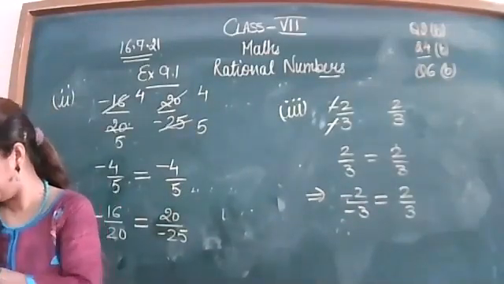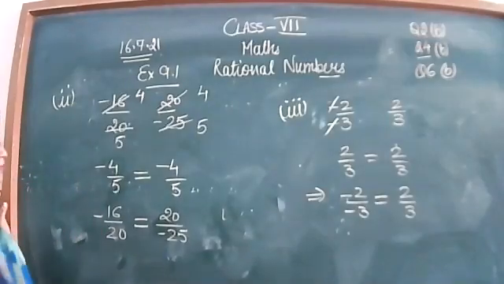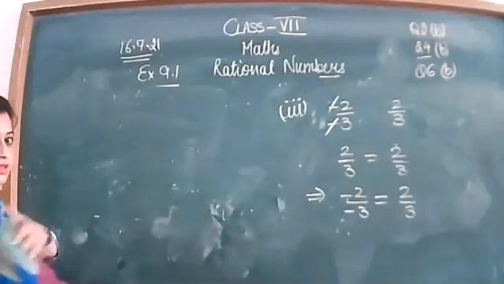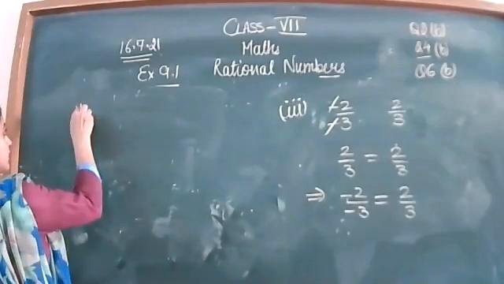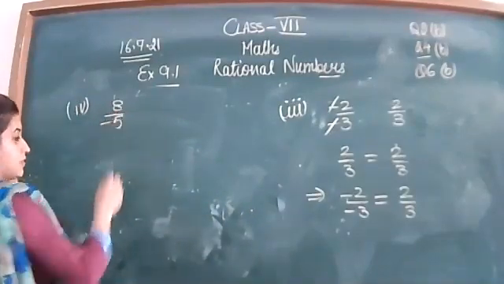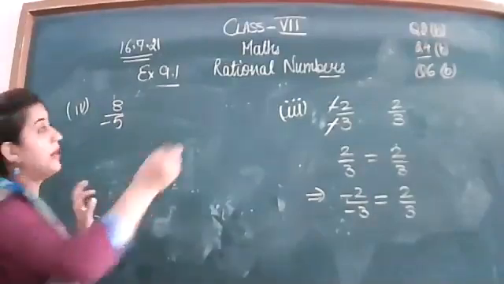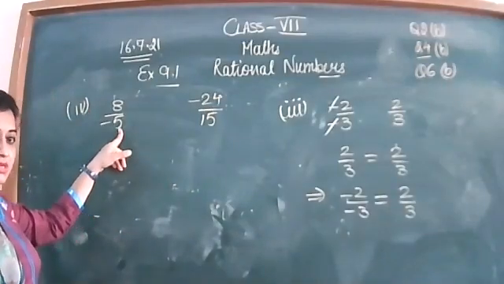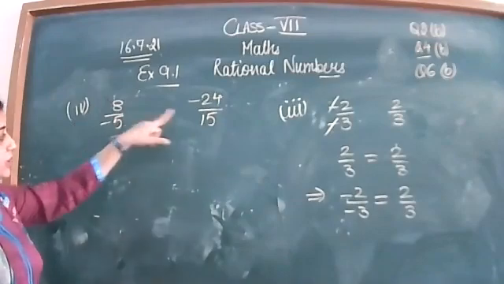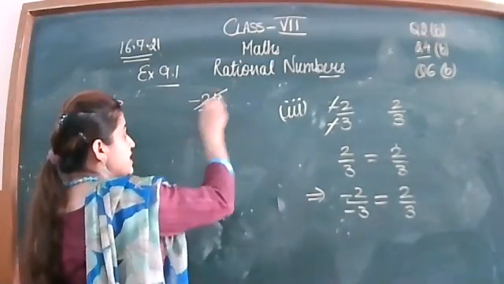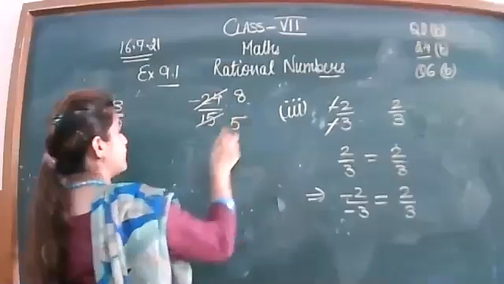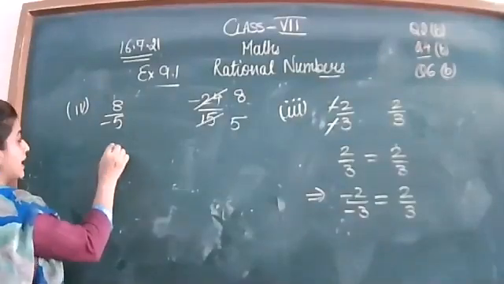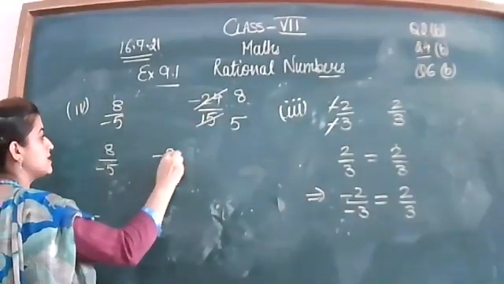Start fourth one. 8/-5, -24/15. 5 is a prime number, so it will not cancel out, but these two numbers can cancel out. 3 8s are 24, 3 5s are 15. 8/-5, यहाँ आ रहा है -8/5.